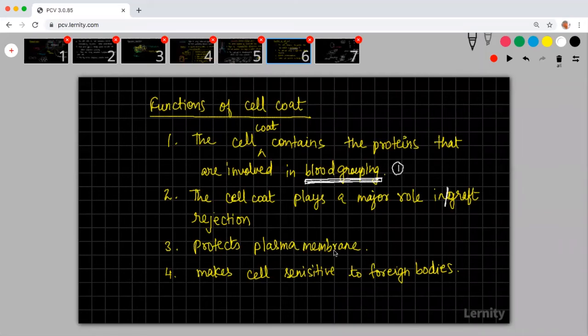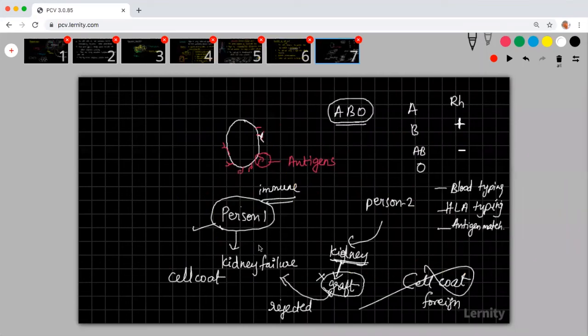And then the third function is that it will protect the plasma membrane. And the fourth one is it will make the cell sensitive to foreign bodies. Whenever a foreign body is coming, the cell coat will be the one which will tell this is foreign and this is self.